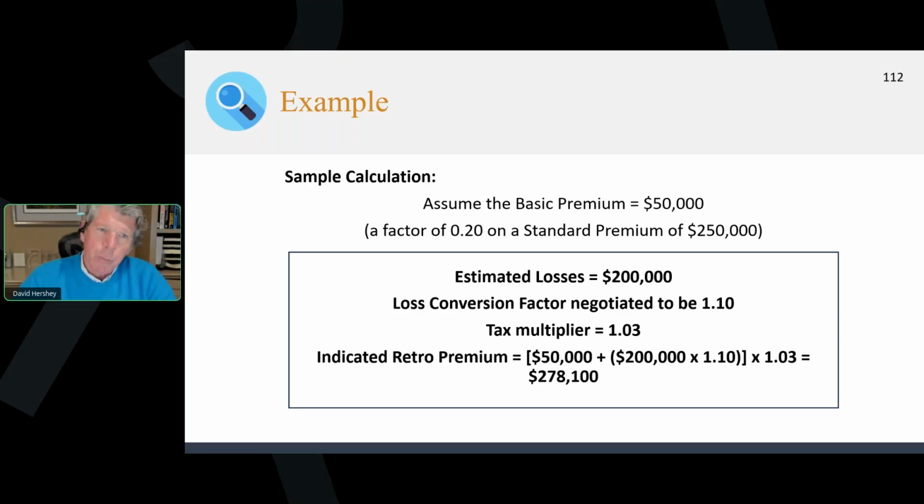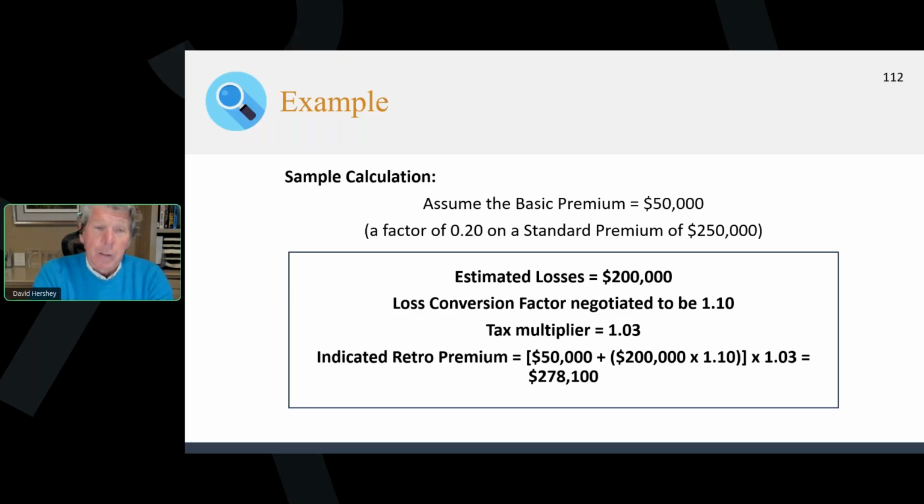And so on a retro plan, most buyers have to be a little sophisticated to figure out how all of this works. And they do so, hopefully, with the counsel of their agent or broker. So remember, the loss pick of 200,000 is probably, for the sake of this example, the correct loss pick.